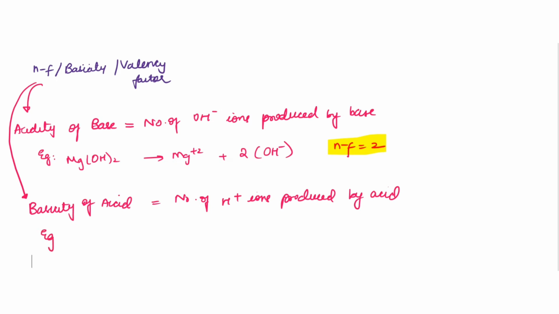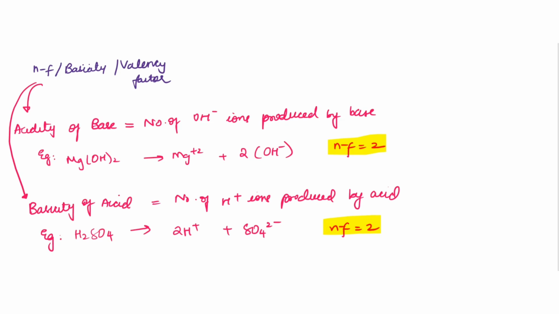So a base always produces OH minus ions in water, and an acid produces H plus ions in water. Let me give you an example. I take sulfuric acid, the king of all chemicals. What does it dissociate into? 2 H plus ions and sulfate ion, SO4 2 minus. Since it's dissociating into 2 H plus ions, the n factor of sulfuric acid is 2.